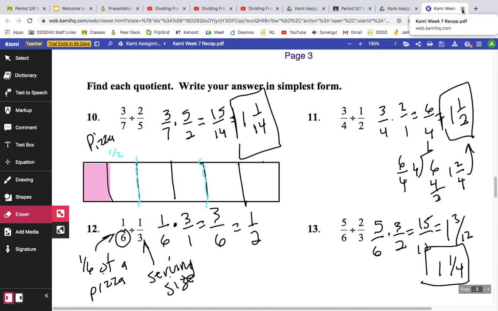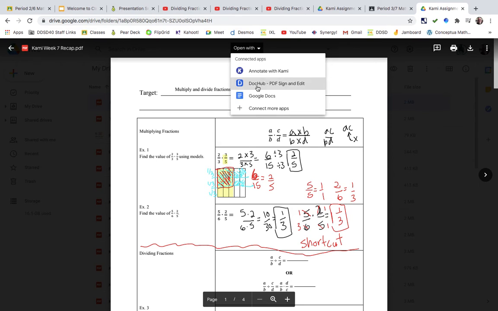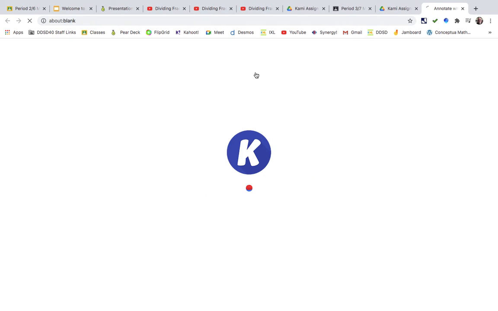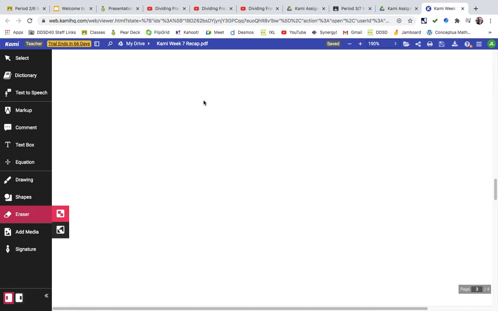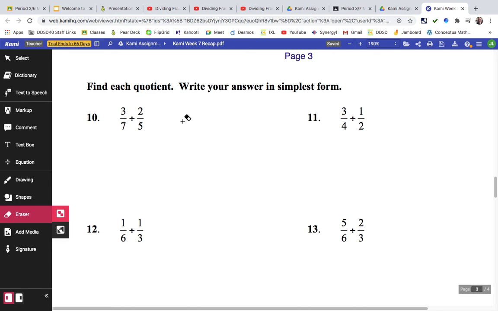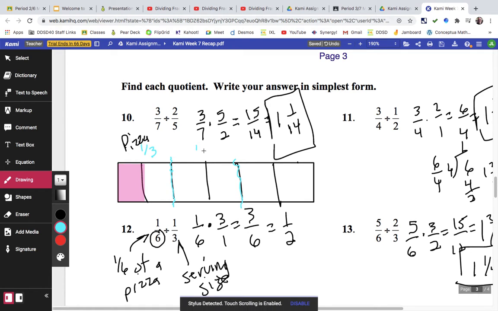I'm going to close it, and then open it back up, because I want to finish that off. So if you want to fast forward a couple of seconds, hopefully I get this taken care of. There we go. So let's see if we can erase that. All right, there we go.